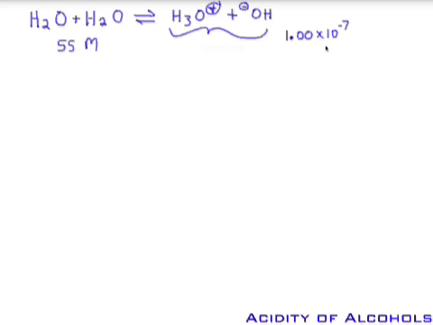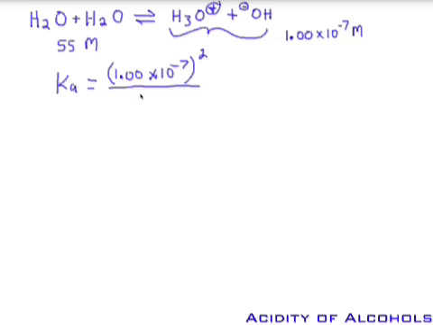Now, Ka has 55 molar built into it, and so it removes one of the waters from the calculation. We've looked at that. So if I actually wanted to determine the equilibrium constant, I could take 1.00 times 10 to the minus 7 moles per liter, square it and divide it by the concentration of the reagents.